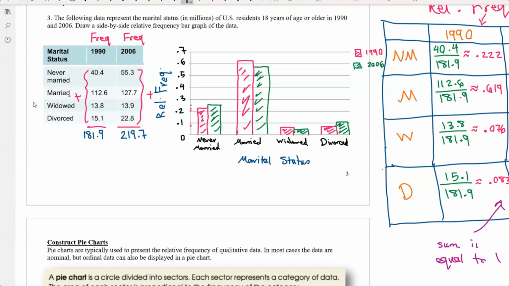Then widow, we have a decrease again, and divorce is an increase. So from 1990 to 2006, the relative frequency for divorce is increasing. So this is what we have for this part, and on top we can write that we compare these two data sets, 1990 versus 2006.